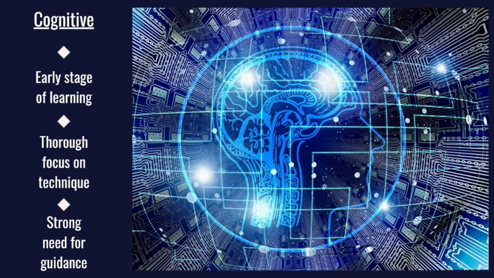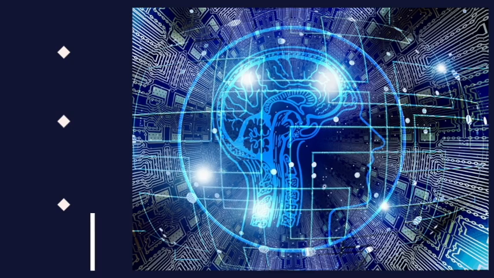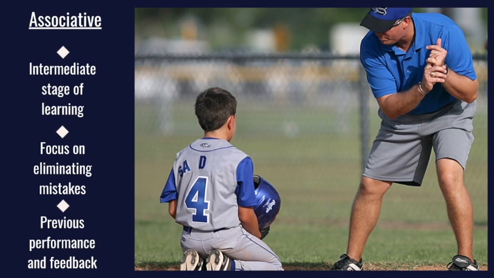When we practice and we start to play the activity a little bit more, we then move into the intermediate stage of learning, which is the associative stage. The performer understands how to perform the skill and must focus on practice to eliminate mistakes and to strengthen that memory trace, that shuttle between short and long-term memory. Throughout the practice, the performer will focus on improving accuracy, consistency, fluency, precision and timing.